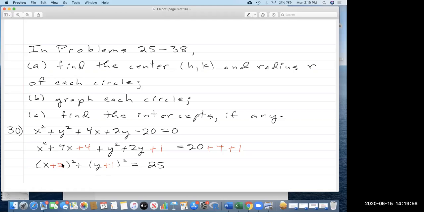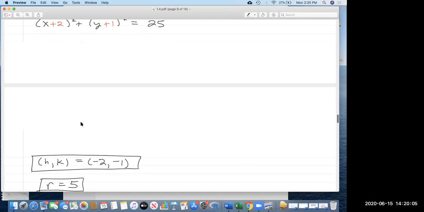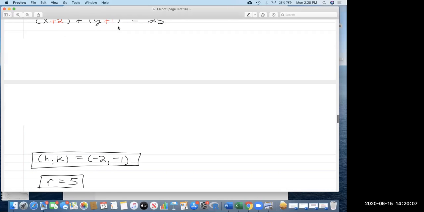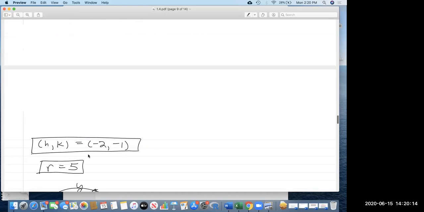So this is the equation of your circle in standard form. The center is at (-2, -1). And the radius, square root of 25, is just 5.